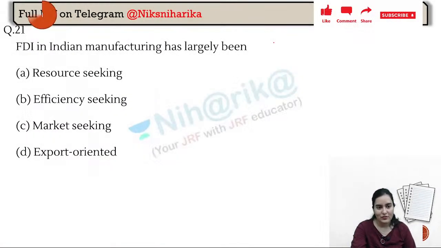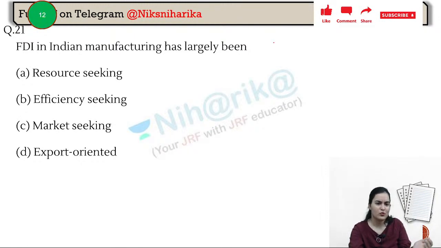Now, FDI in Indian manufacturing has largely been FDI of what kind? What does foreign direct investment largely see? Out of resource efficiency, market, export oriented, what does FDI directly see?